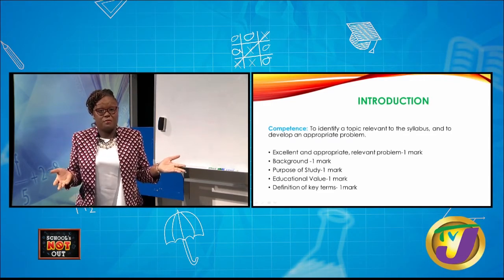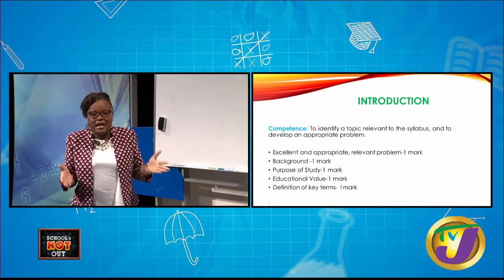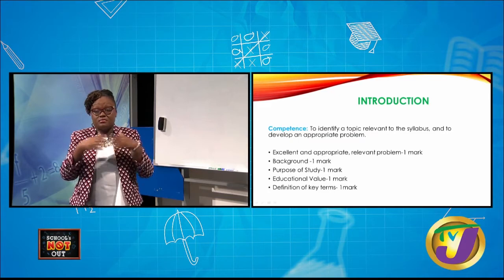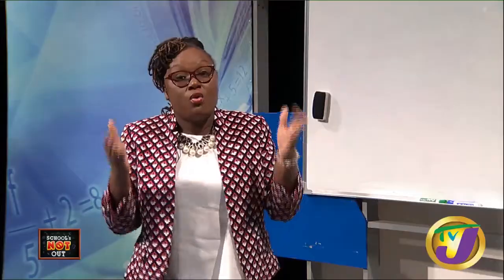Who will benefit from it? Is it NEPA, right? The relevant agencies. Is it the National Solid Waste Management Authority? Or, you know, which relevant agency or ministry is going to benefit? How are people going to benefit from this study? The educational value. And then the definition of key terms should be very straightforward.